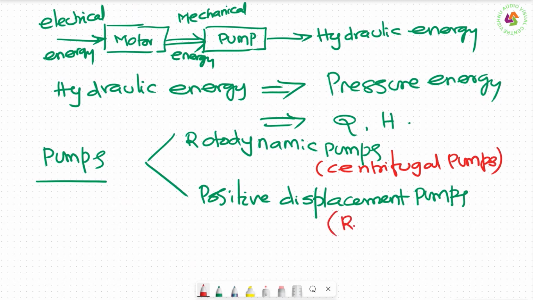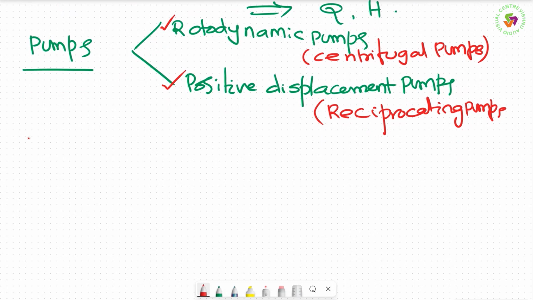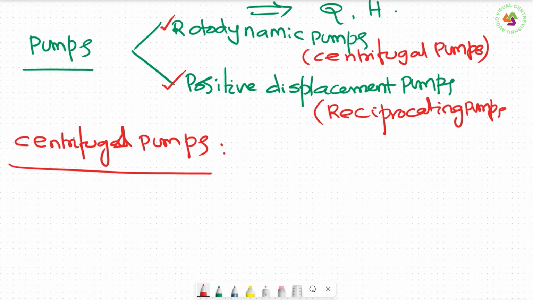Under positive displacement pumps, we deal with reciprocating pumps. Depending on the principle on which a pump works, they are classified either as rotodynamic pumps or positive displacement pumps. So let us start our discussion with centrifugal pumps. This is our topic in the fifth unit, first topic, centrifugal pumps.